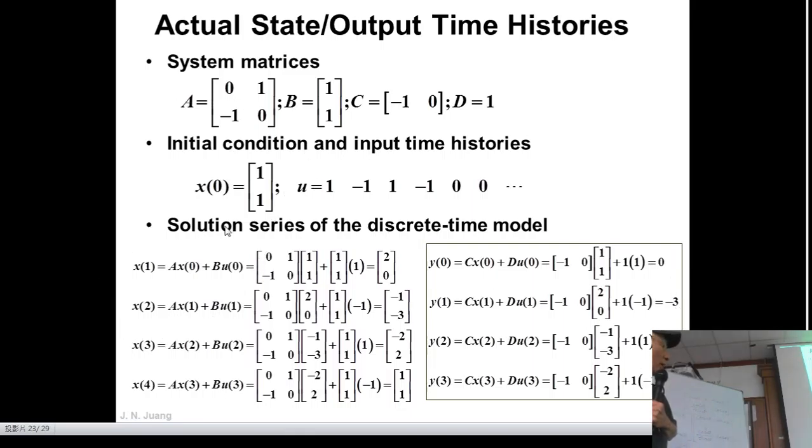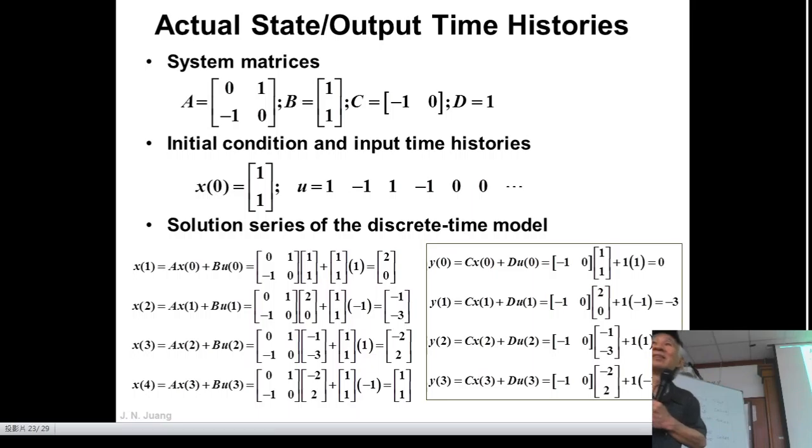This is all without hats, meaning the real one. I assume no measurement noise and no measurement error. Also, I assume A is perfect, B is perfect, C is perfect, and D is perfect. It won't happen in our life, but in the textbook, yes.